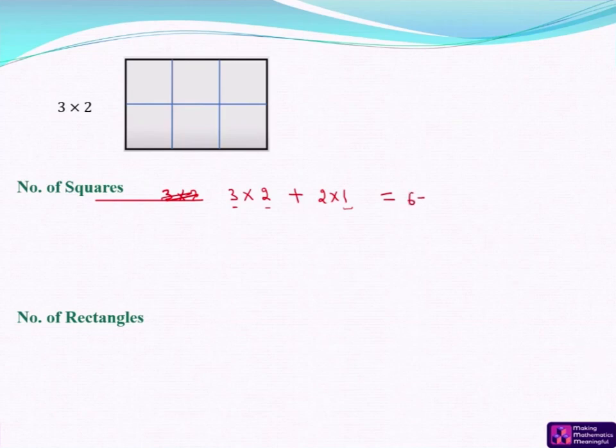This will give you the total number of squares. That's it. You may try to count those squares. How many squares do you count here? Obviously 6 squares are here, the smaller ones, and then this is the 7th and this is the 8th one.